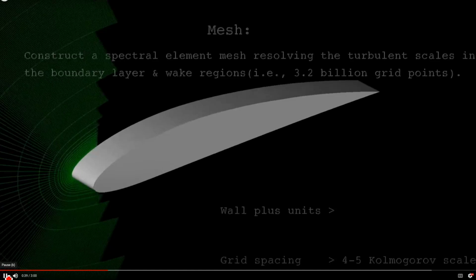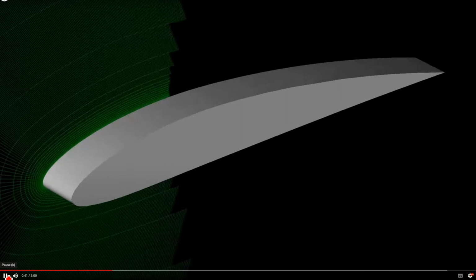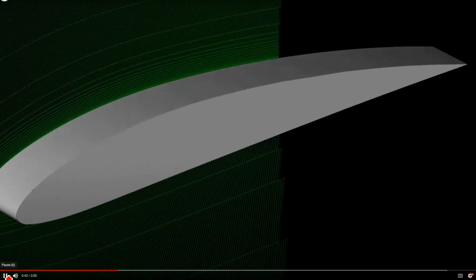Just a visualization of the mesh. I think it's more a visualization of how cells are going, but not the number of cells, because the quantity of cells here is really, really huge, and it's three-dimensional. So we can see here a C-mesh, similar to the simulation which we did in aerodynamics.